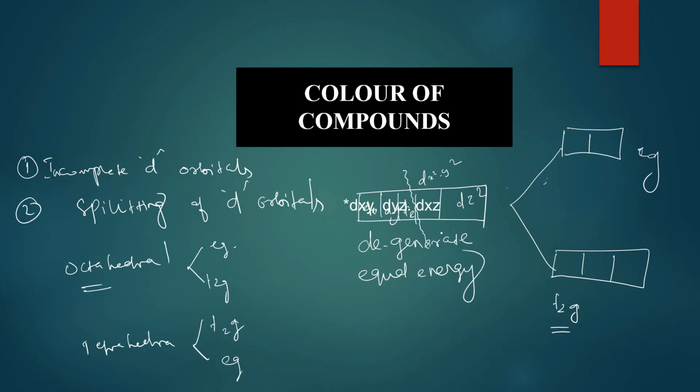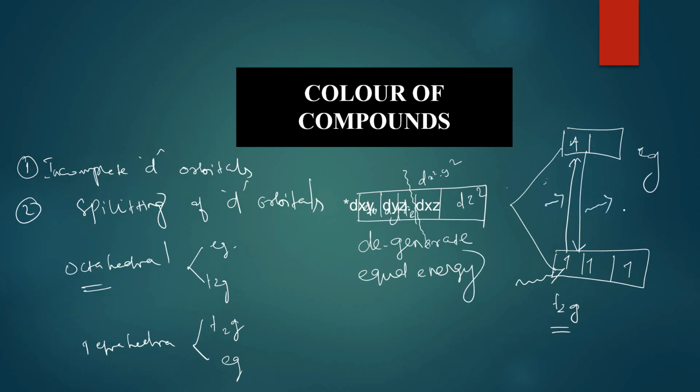The d orbital splits when the electron approaches, and this splitting gives space for the electron to move. An electron in the lower energy level, when it gets some energy, excites to the higher energy level by absorbing energy. After some time, it returns to the lower energy level by emitting that energy.